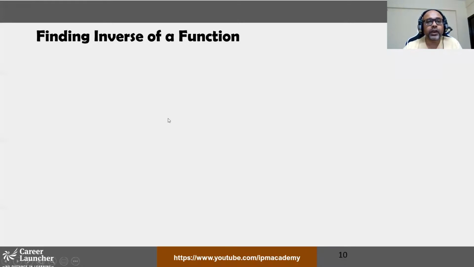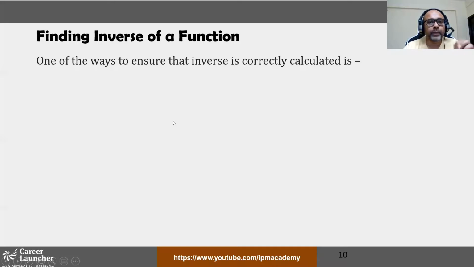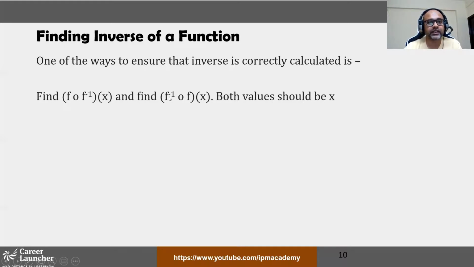Now if the expression or equation is very complicated, and somehow you manage to find the inverse, to make sure you have done things correctly, one way to check is to find f of f inverse of x. It is also called f circle f inverse of x.